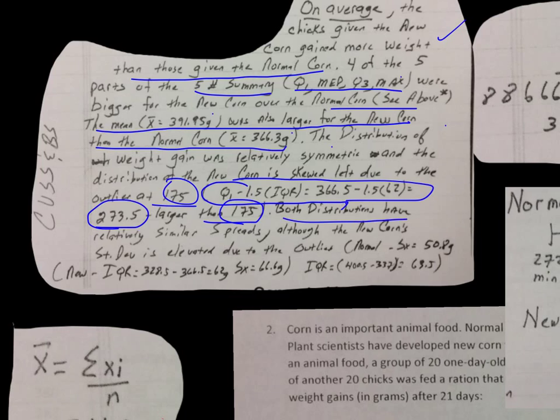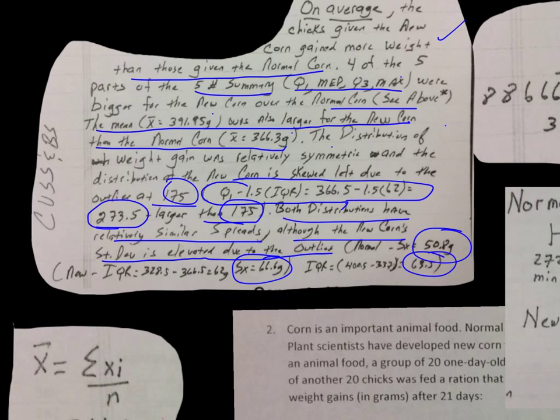It says both distributions have relatively similar spreads, although the new corn's standard deviation is elevated due to the outlier. So remember, your outlier affects the average. It also affects the standard deviation because they're tied together. Notice 50.8 and then 66.6.